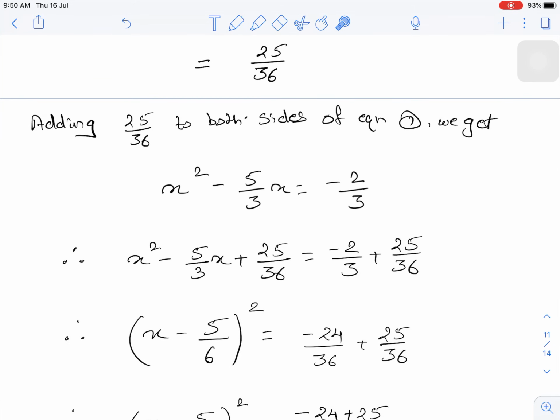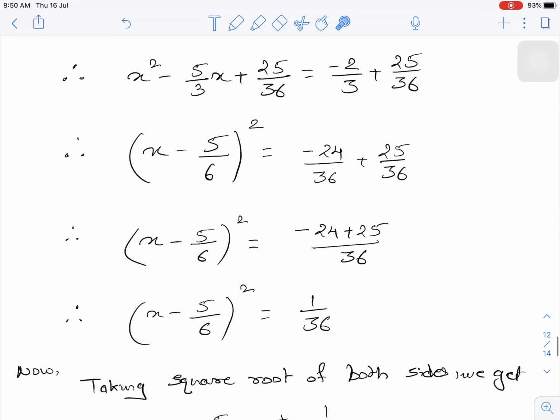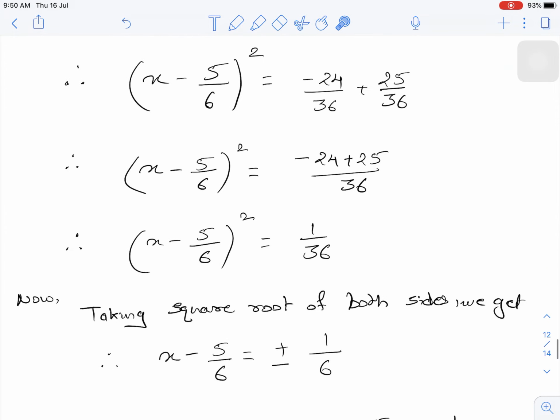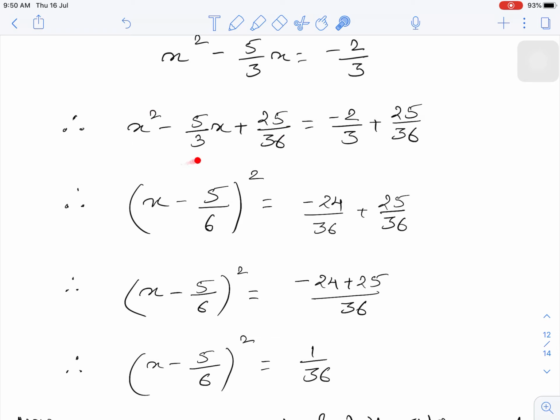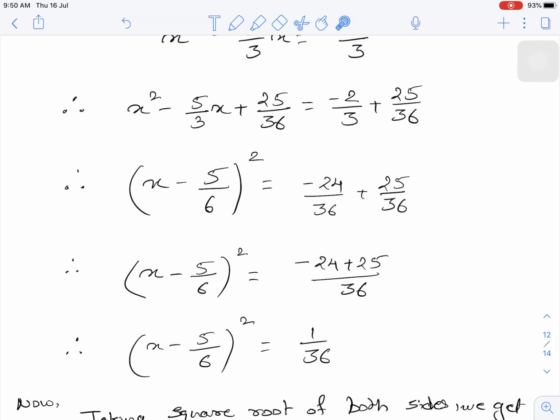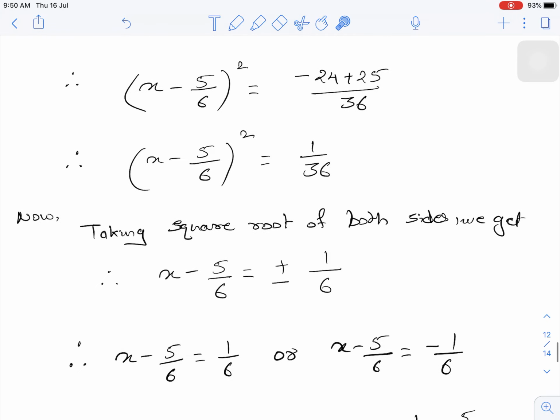So we have added it here. Finally, this one will be a perfect square term, so it will be of the form either a minus b square or a plus b square. Then further we have to take square root. When you take square root of both sides, on the RHS we can write both possibilities, that it may be plus or minus.